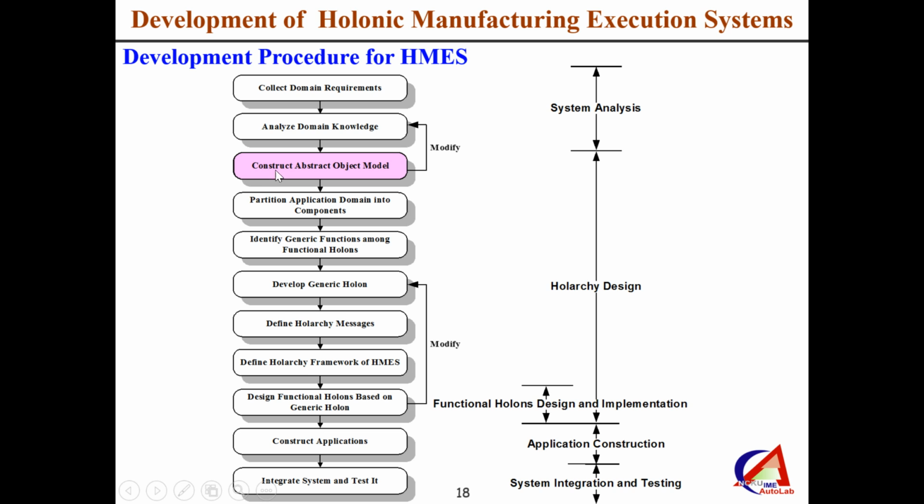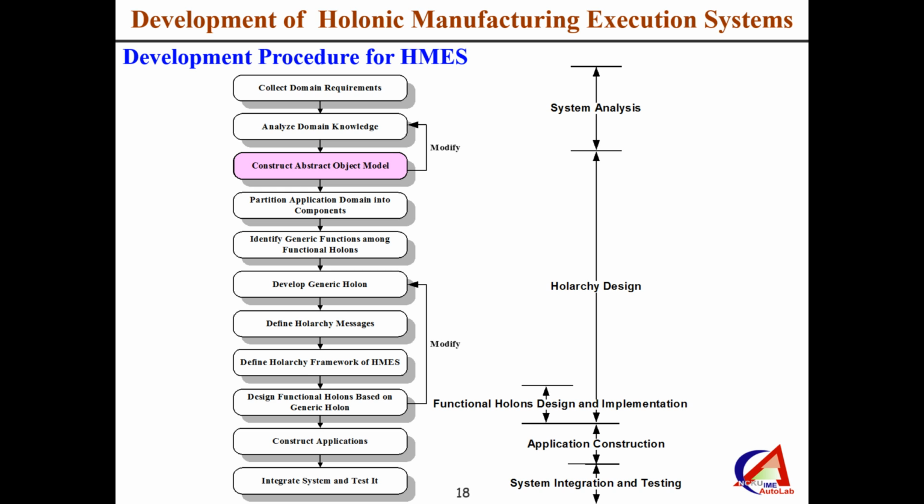Then after you have that object model, you will do the partitions. The partition cannot be too large, and it cannot be too small either. Because if you have too many partitions, then the objects are too small, and the communication between them is too heavy. So it's not a very good design.